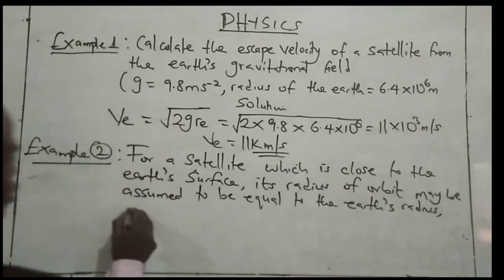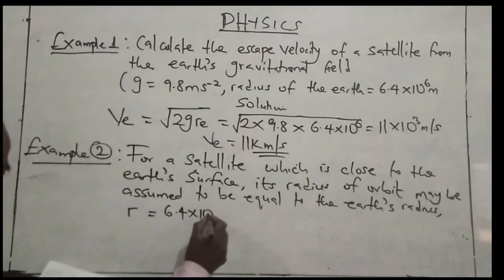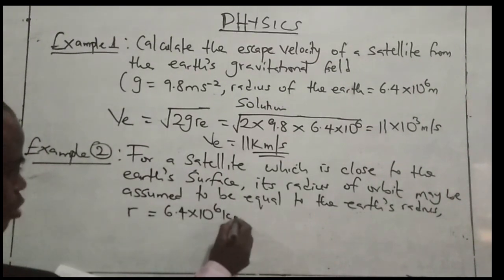Earth's radius R equals 6.4 times 10 to the power 6 meters.